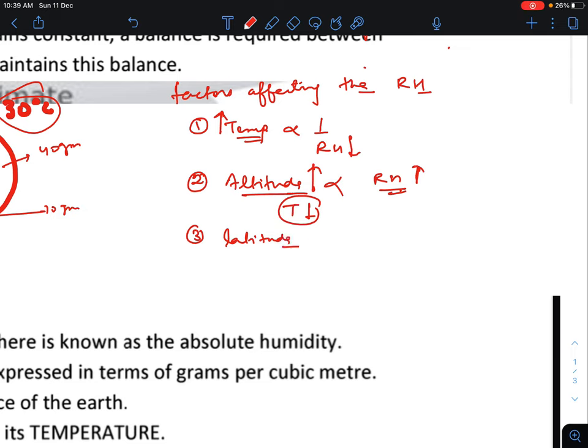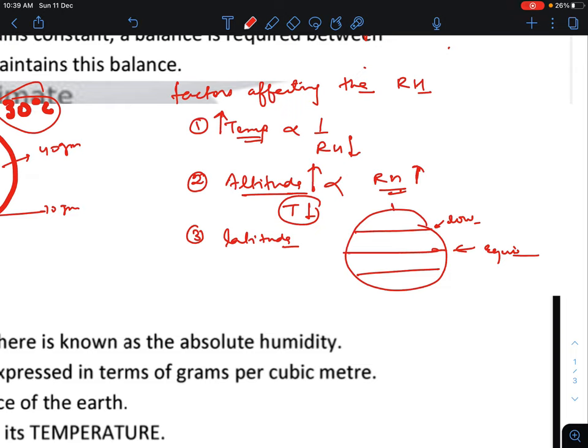If we talk about this, this is our equator, this is the low latitudes, and this is our south pole. Here you should remember that the low latitudes have more temperature as compared to the equatorial region. Please remember this one. The low latitudes mean the Tropic of Cancer and the Tropic of Capricorn region. This region has relatively more temperature than the equatorial region.